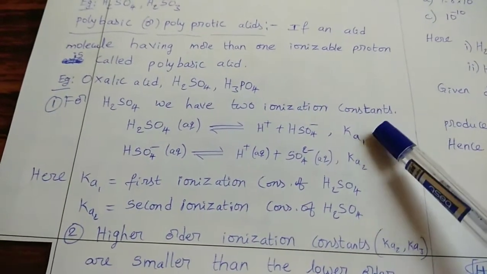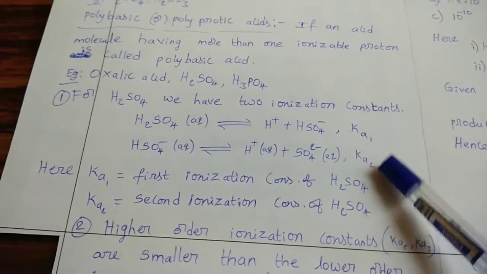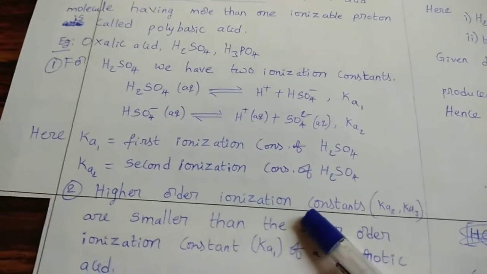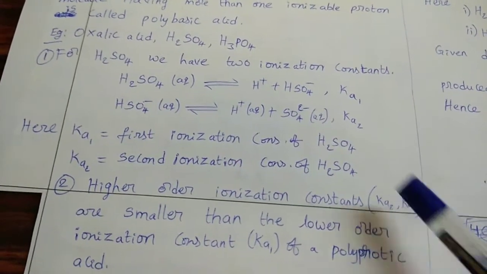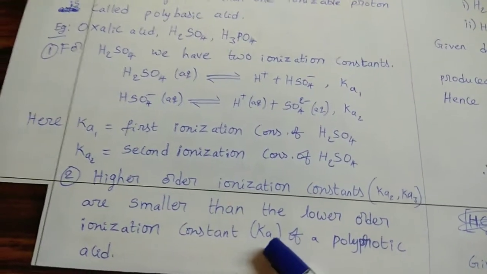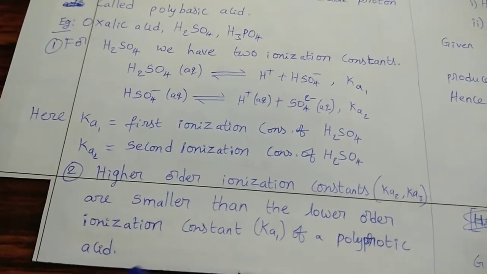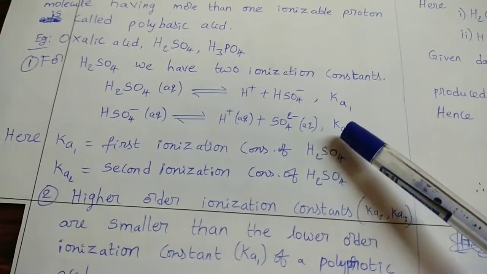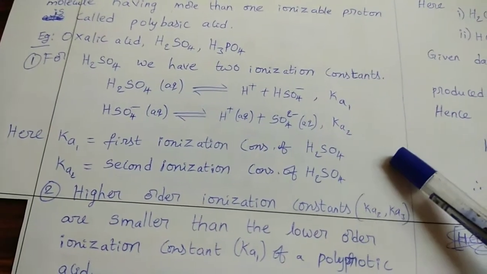Now, what is the relation between these two, Ka1 and Ka2? Higher order ionization constants like Ka2, Ka3 are smaller than the lower order ionization constant Ka1 of a polyprotic acid. Ka1 has a particular value, Ka2 another value, Ka3 another value.